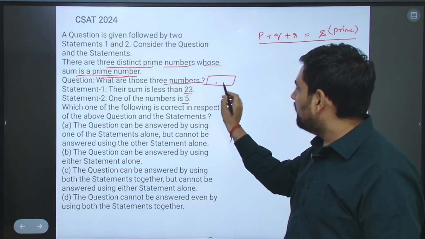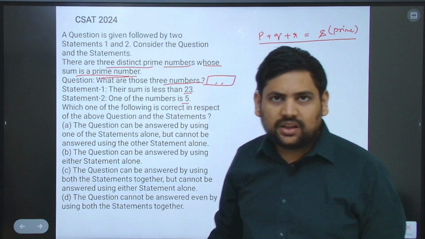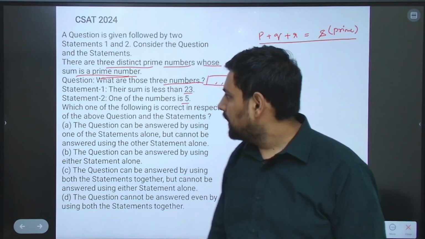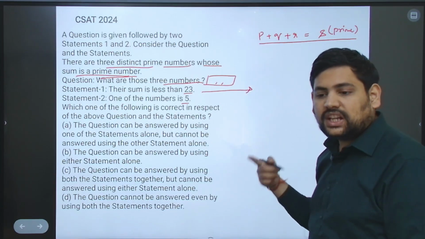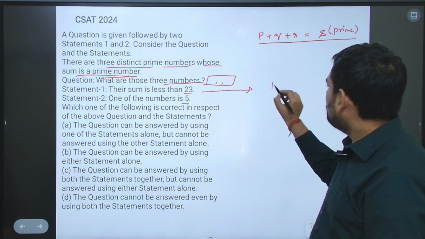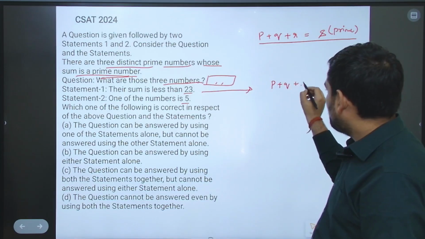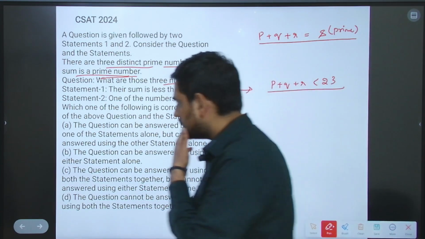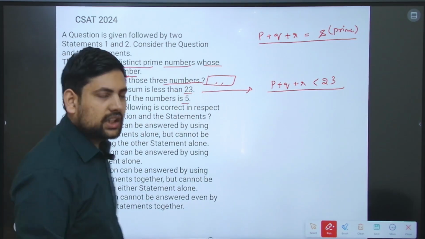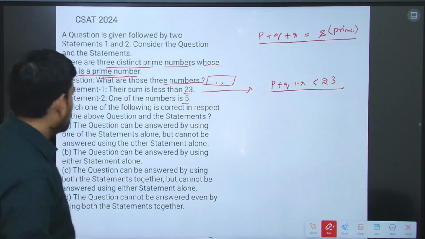You need exact three numbers. If you can find them, then it's fine, otherwise it's not. So the first statement: their sum is less than 23, so p plus q plus r is less than 23. Can you find it using this?